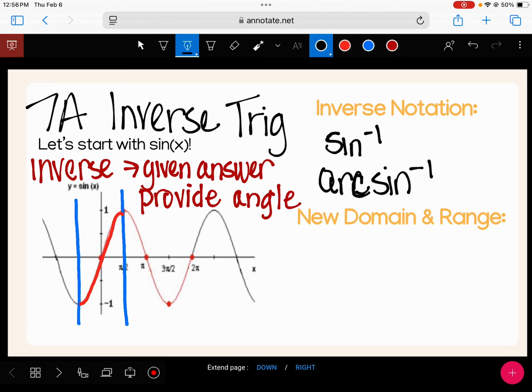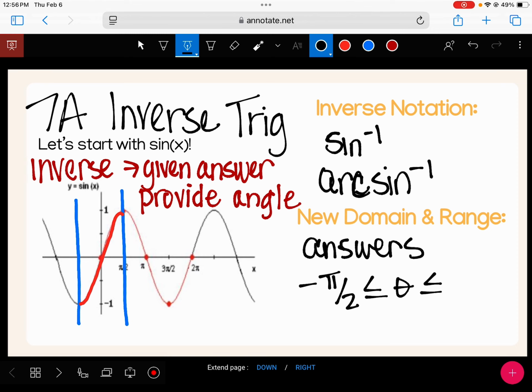Okay, so your domain, because we're only taking a piece of the wave, know that all of your answers should be between -pi/2 and +pi/2.